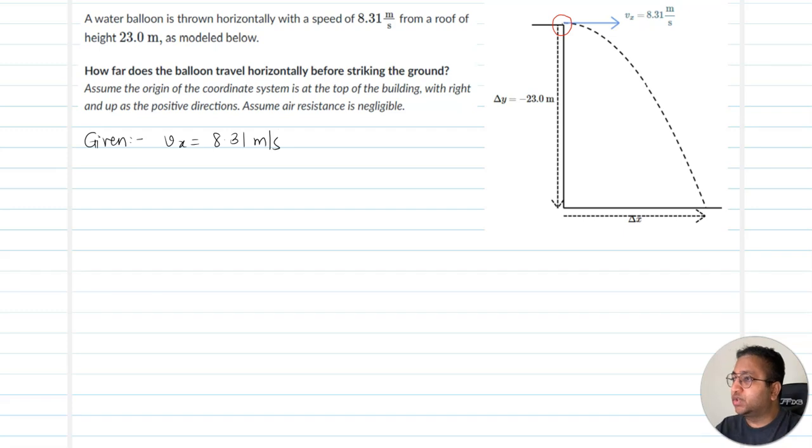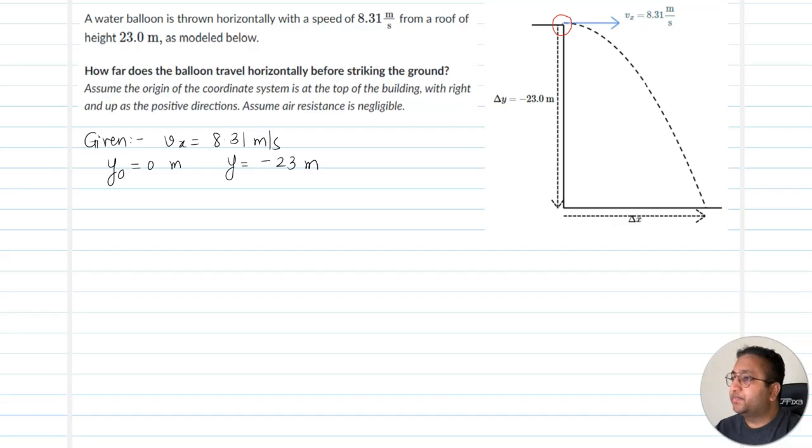Since your position is assumed as the origin of the coordinate system, the initial y position, let me denote that by y0, will be 0 meters. Then the final position of the water balloon will be minus 23 meter. So this is the position of the water balloon when it strikes the ground.